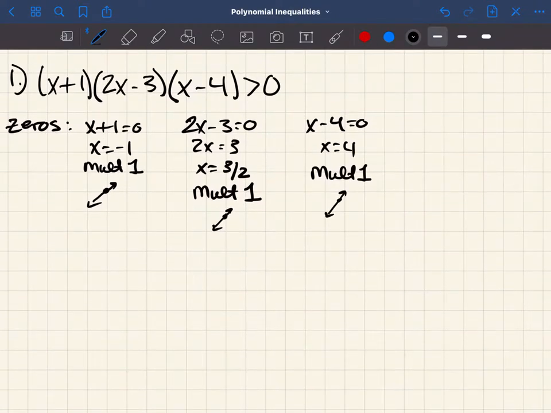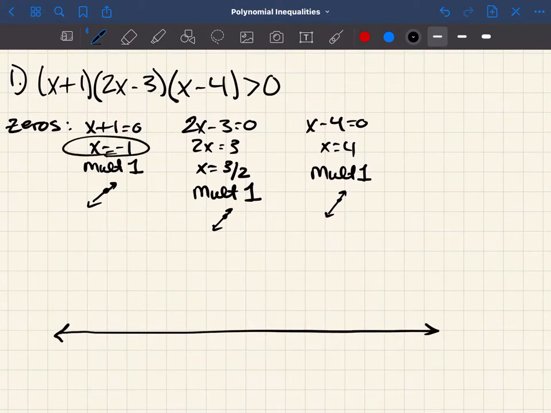We need to graph. So our zeros are -1, 3 halves, and 4. So let's put -1 on here. We have 0, we have 1, so this would be 3 halves. This would be 2, 3, and then we have 4.